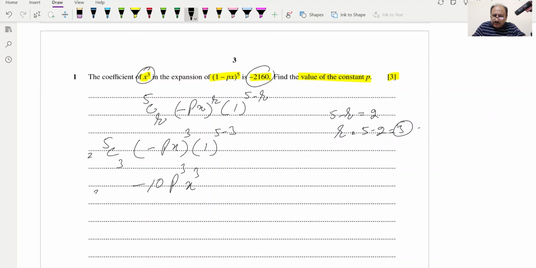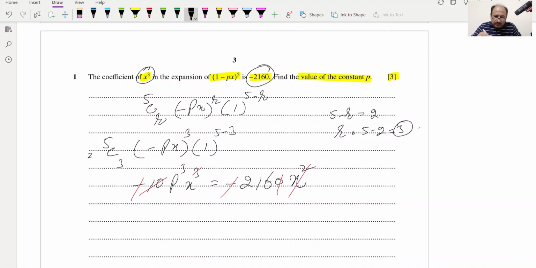And it is given that this is equal to minus 2160, so the minus can be cancelled and 10 can be cancelled with this 0. So p cubed x squared is also there, because this is the coefficient of x squared, and we'll cancel the x squared with this.